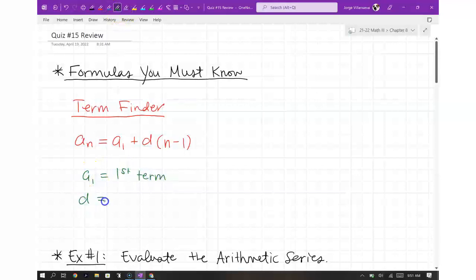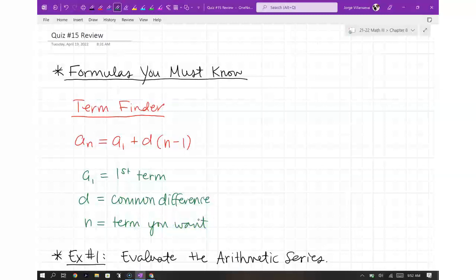The d value, this is your common difference. And n, this is the term you want. So if you're trying to find the 25th term, the 10th term, you're probably going to use this formula.